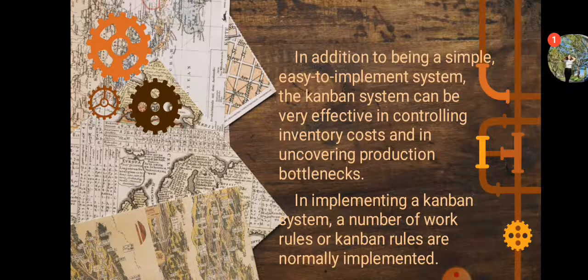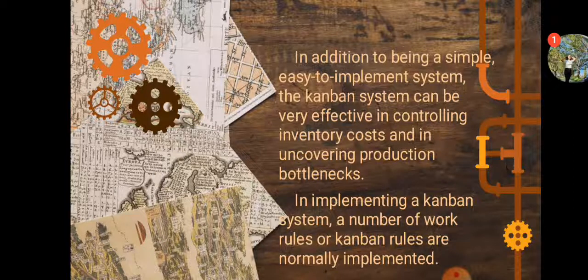In addition, being simple, it is an easy-to-implement system. The Kanban system can be very effective in controlling inventory cost and uncovering production bottlenecks, no? It is very effective in controlling inventory, so that the item arrives at the user area before it is needed, no?